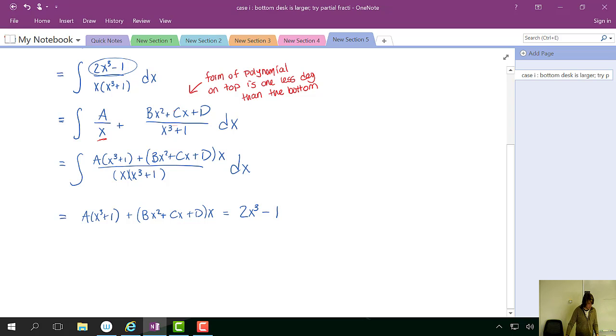And finally, separating by variables, we get ax cubed plus a plus, distributing the x, bx cubed plus cx squared plus dx.